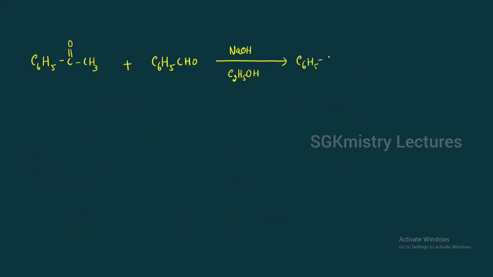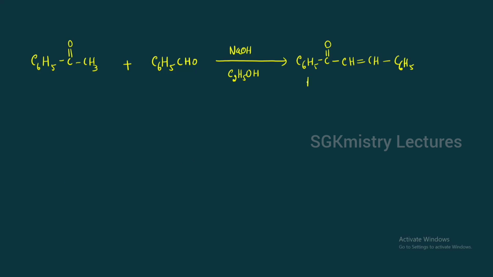Yes. Now coming on to the applications of this particular reaction. So suppose you take C6H5COCH3. Along with that, you take C6H5CHO, that is the benzaldehyde. Now in the presence of NaOH and in ethanol solvent, you're going to get C6H5CO, CH double bond CH, C6H5.